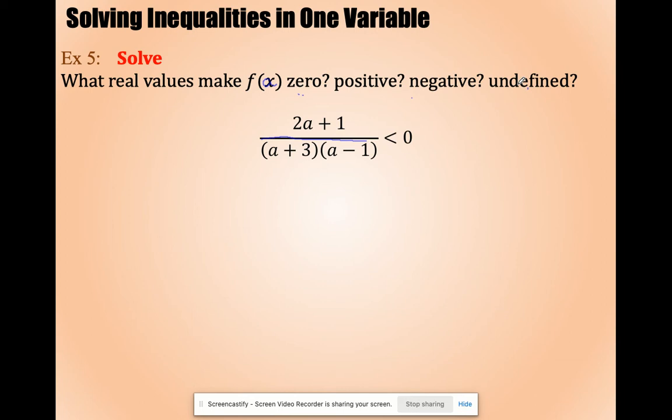If you had a radical, or if you had logs, right? Now, logs, you have domain issues. Some trig things, you have some domain issues. So what am I worried about here? I am only worried about what makes the denominator equal to 0.